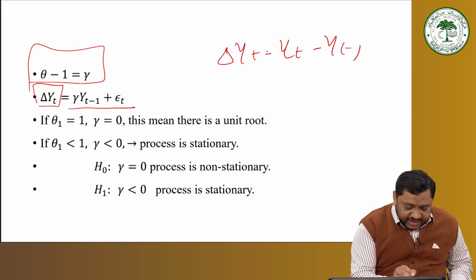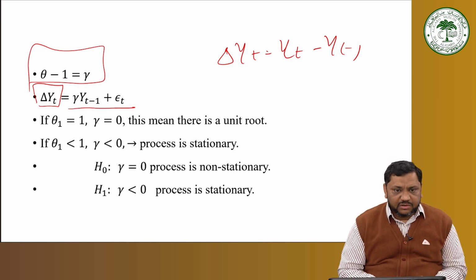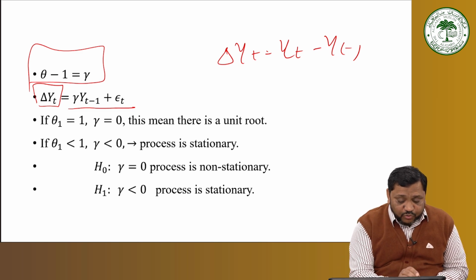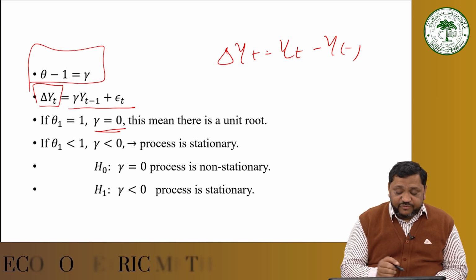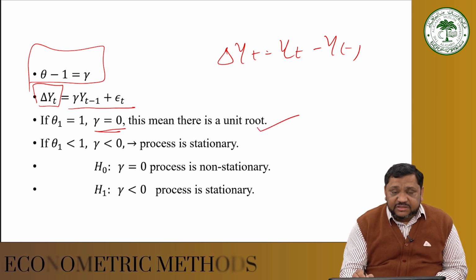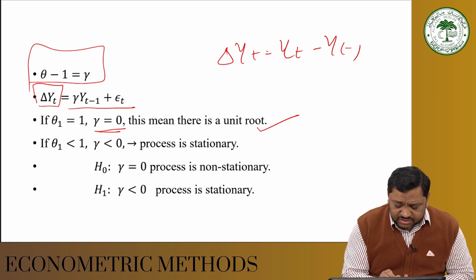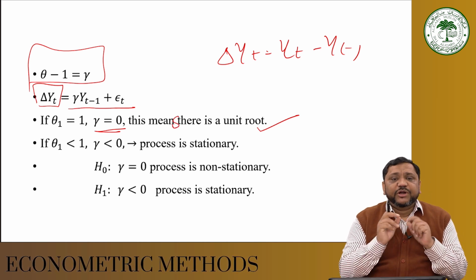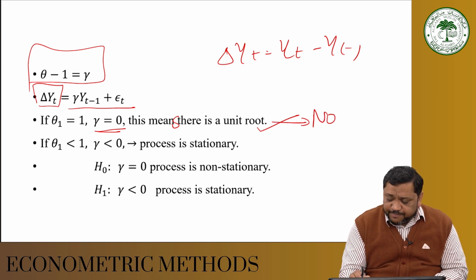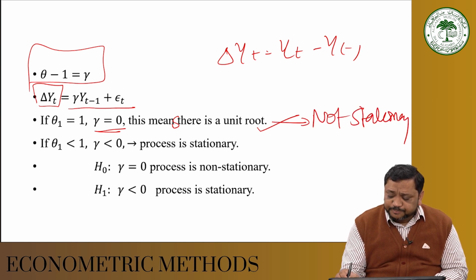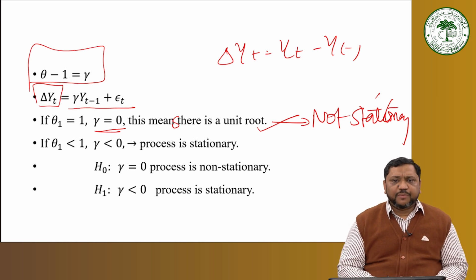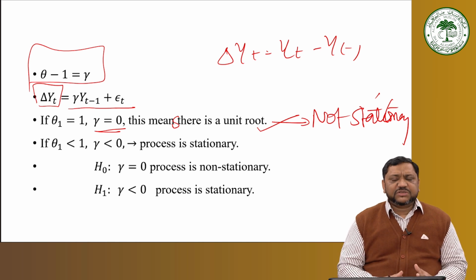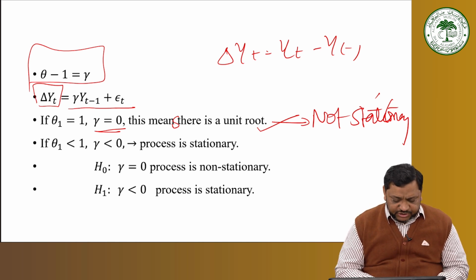So now see, if it is a random walk model, theta is equal to 1. So if theta is equal to 1, then 1 minus 1, gamma is equal to 0. And this means there is a unit root, or the meaning of unit root is that the process is not stationary. If there is a unit root, this is also used in nomenclature. The presence of a unit root means the process is not stationary.